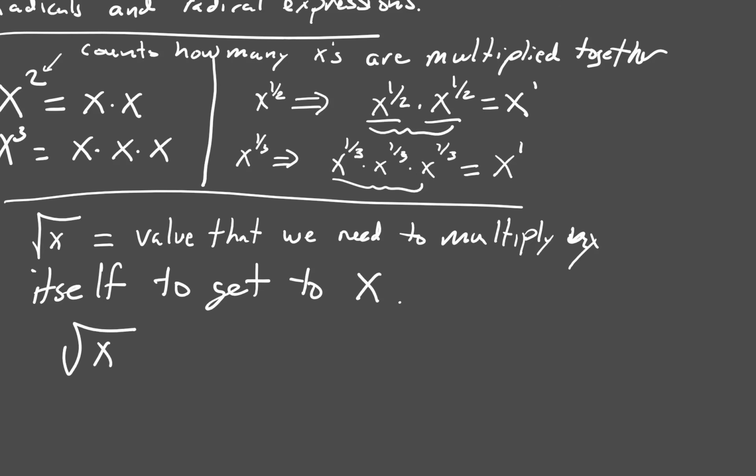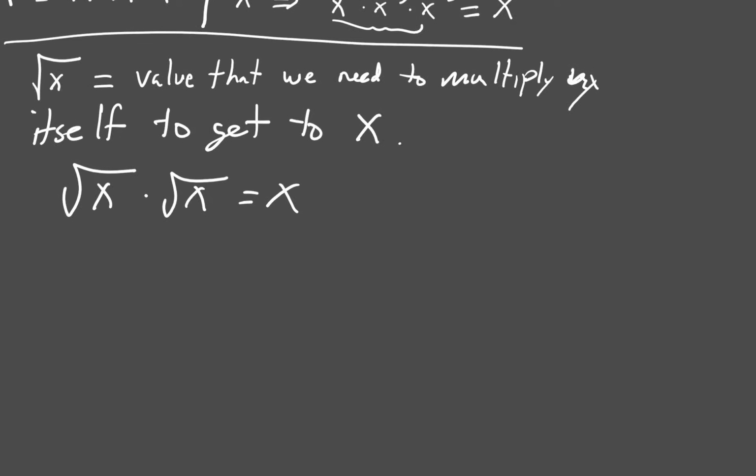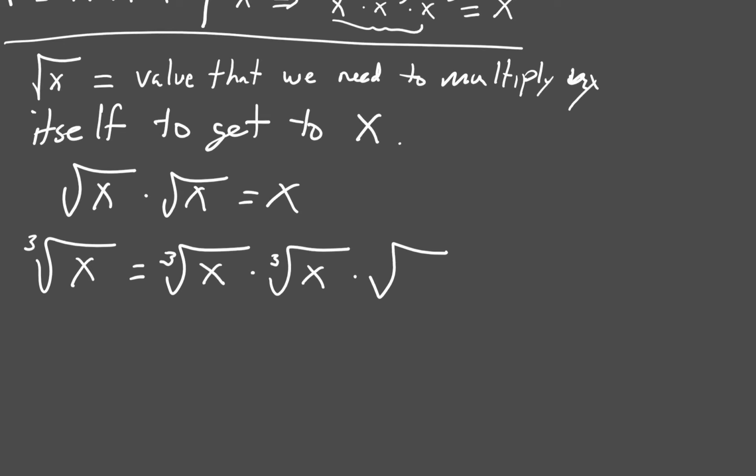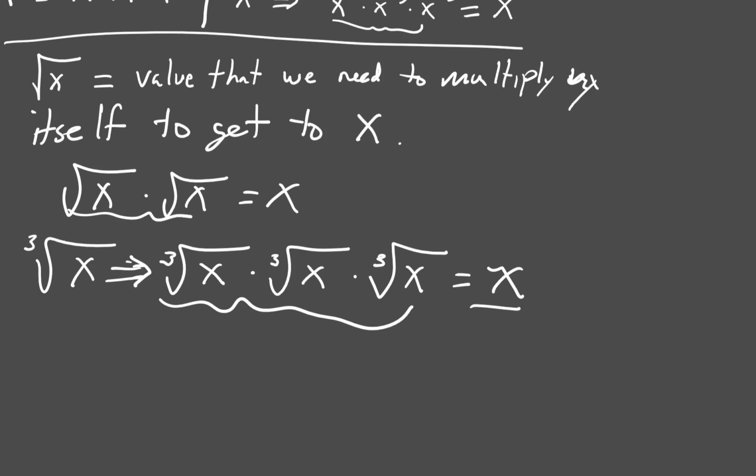So I get the square root of x times the square root of x equals x. Cube root is similar. I need 3 of them together. I don't want an equals there, I want an arrow. And this would equal x, right? So if I take 3 cube roots together, I get x. If I take 2 square roots together, I get x.